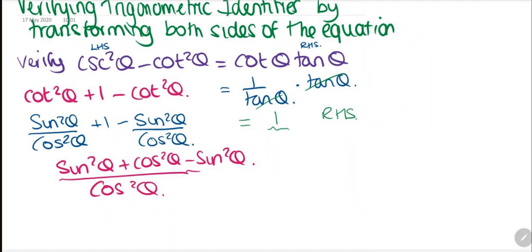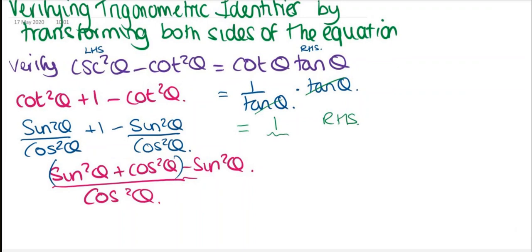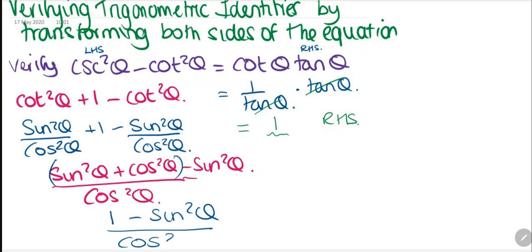So sine squared theta and cosine squared theta, again looking at the Pythagorean identities, we know that that is equal to 1. So I'm going to replace that, and that is going to be 1 minus sine squared theta over cosine squared theta.